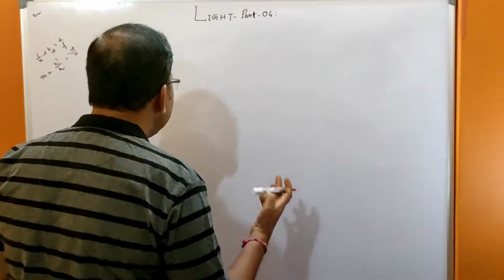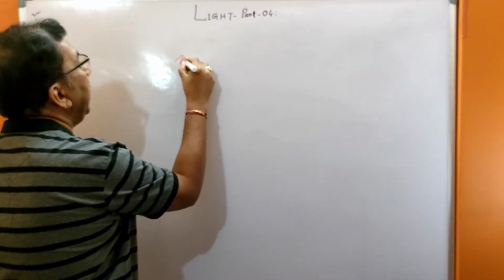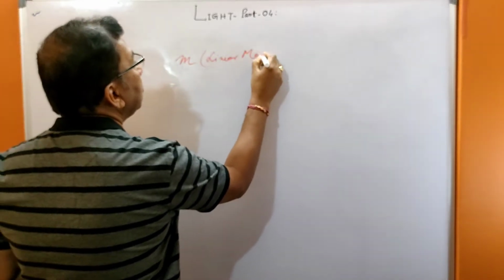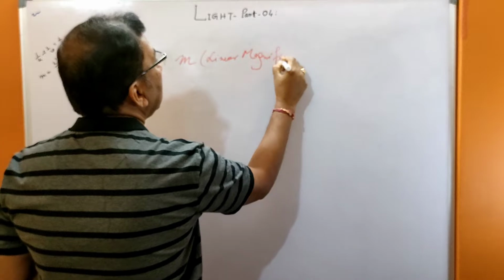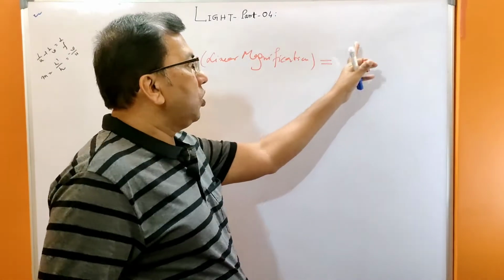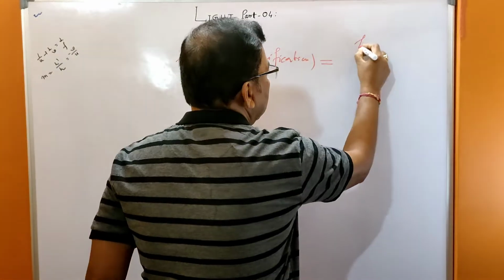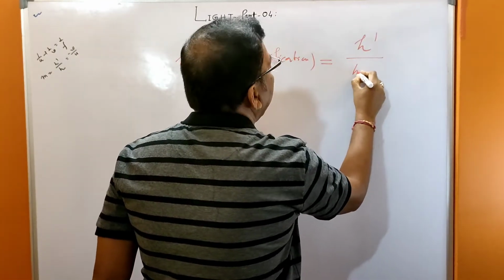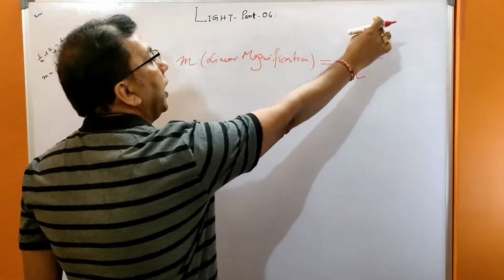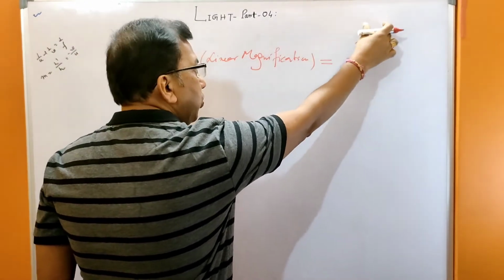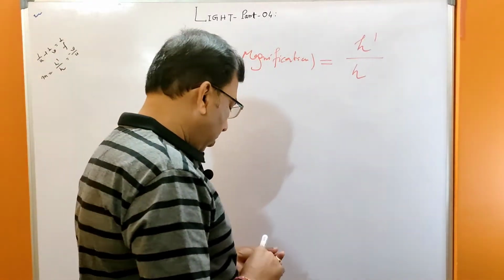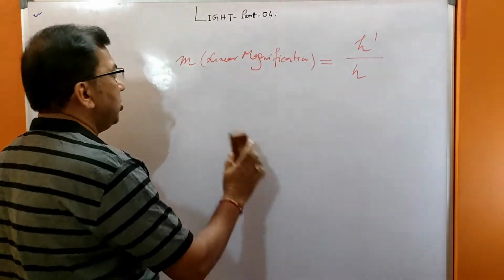The linear magnification, or simply magnification, we denote by m. m equals the height of the image h1 divided by the height of the object h. So h1 by h is equal to the linear magnification. Clear? Or we can write it as minus v by u.